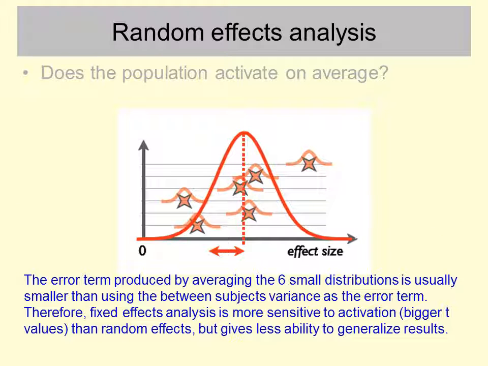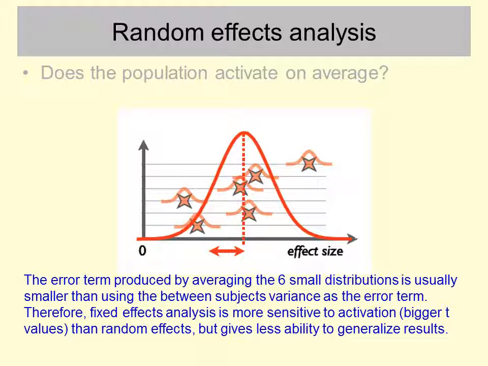Now, as you might gather by looking at that diagram, the error term produced by averaging the 6 small distributions, as in a fixed effects analysis, is usually going to be smaller than using the between subject variance as the error term, which is perhaps one of the reasons that early FMRI studies tended to go for the fixed effects analysis, because then they could use smaller samples.